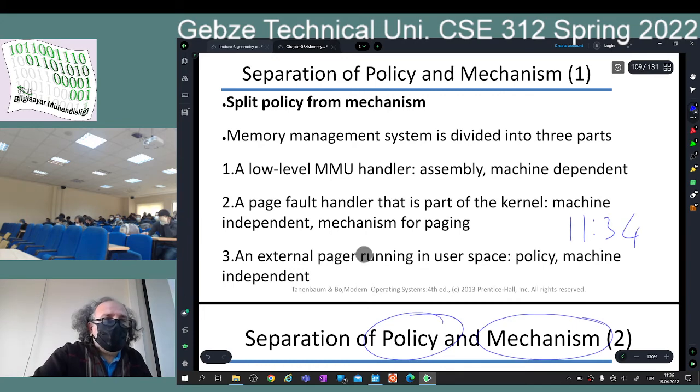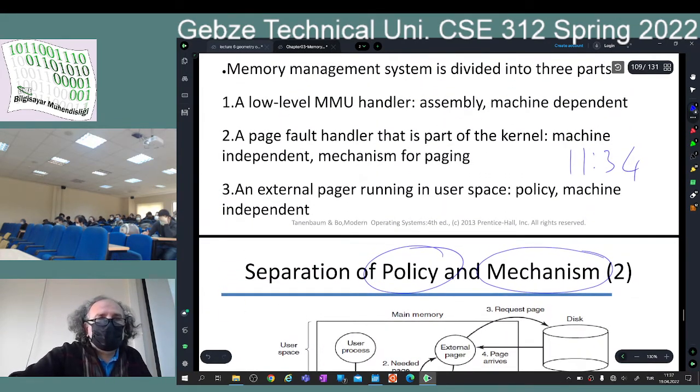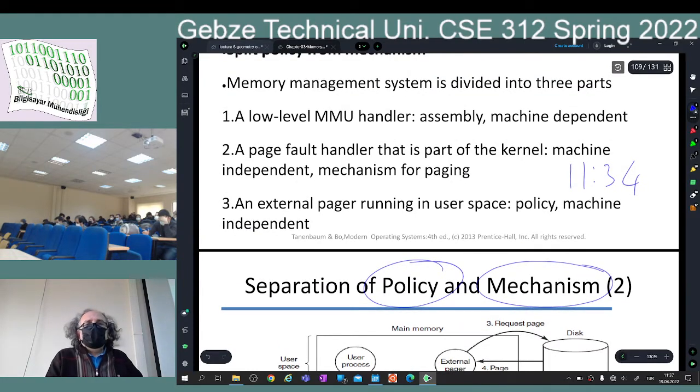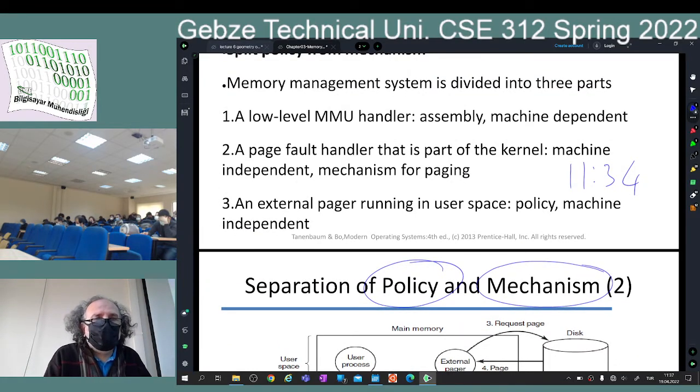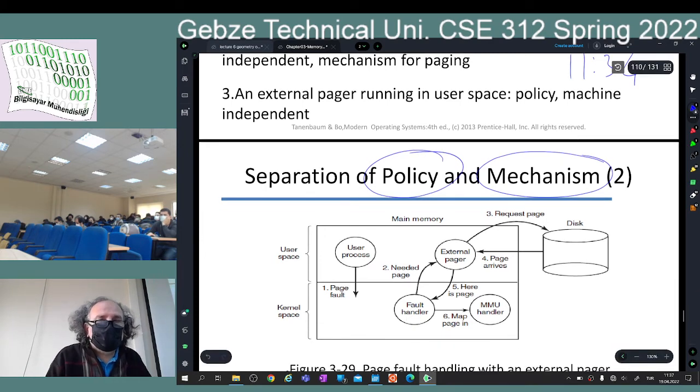And then the main thing that runs in the user mode, user space, is the external pager. It is a policy. It is the machine independent part of the memory management. It is the part that is responsible for loading data, writing data to the disk, and getting the data, and providing all the data for the fault handlers and everything.